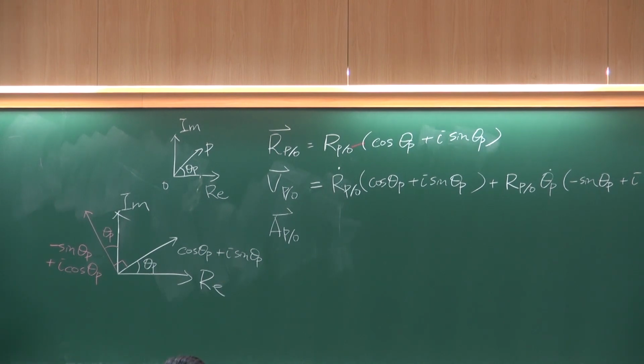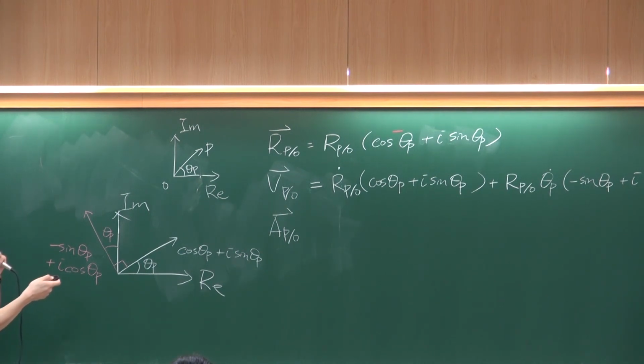We basically just try to do the differentiation for every term. I didn't assume which one is differentiable and which one is not, so I just differentiate everything here. Maybe this R is differentiable, so I do this part first: R dot times cosine theta p plus I sine theta p.